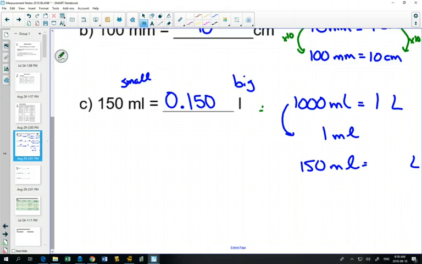I can do that by dividing by 1,000. And dividing by 1,000 on this side would be moving that decimal 3 places to the left. So I have my decimal right there, moving it 1, moving it 2 would include a 0, moving it 3 would include 2 zeros. 0.001. And then for going from 1 to 150, here I would multiply by 150.